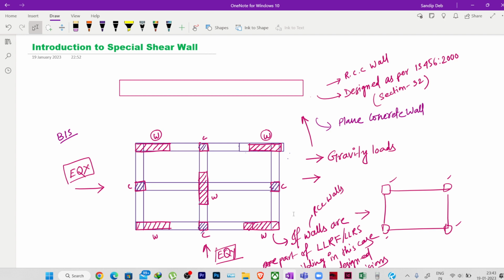So do you think all the walls present in the building will be shear walls? No. Basically the partition walls are designed as plain concrete walls as per IS 456, and wherever we have introduced the shear walls, those are also concrete walls cast together, but the detailing, the design, the rebar that we will be providing after the design, everything will be different. Those walls will be designed as per IS 13920.